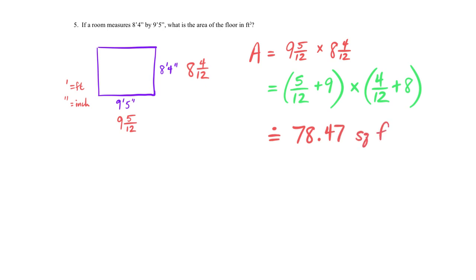78.47 square feet. And you can choose to write it the way I just wrote it, or you can choose to write it as feet squared. Either unit is fine. You make sure that your keying sequence nails that down and you are good. So if this was your room in your house and you needed to lay your flooring, you'd be walking into that store saying, okay, I need as exact as possible 78.47 square feet.